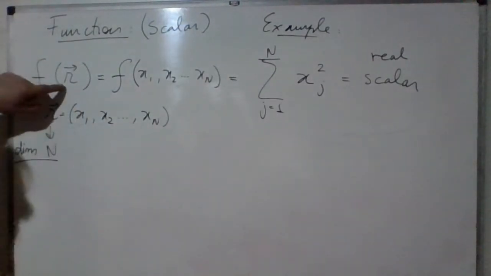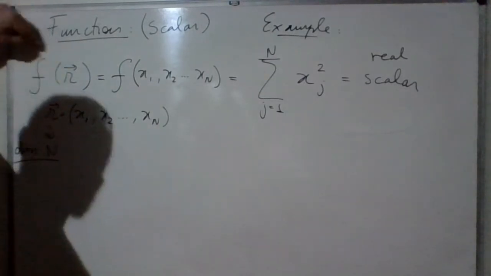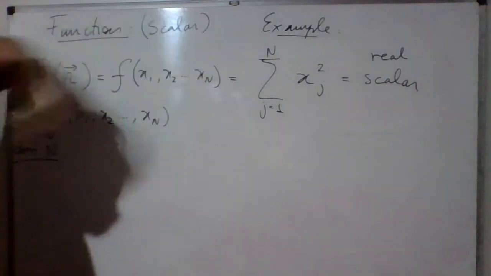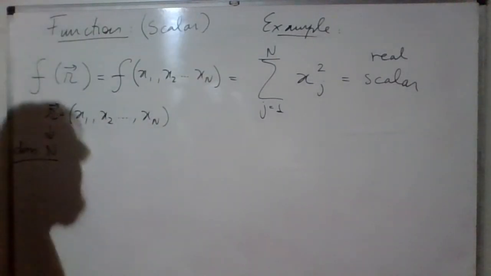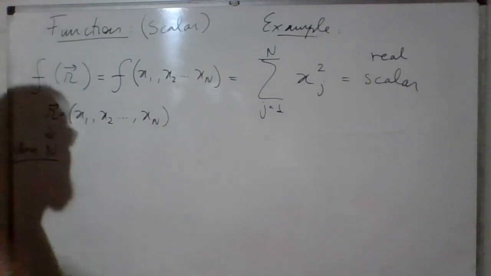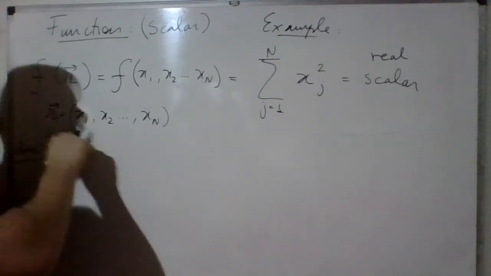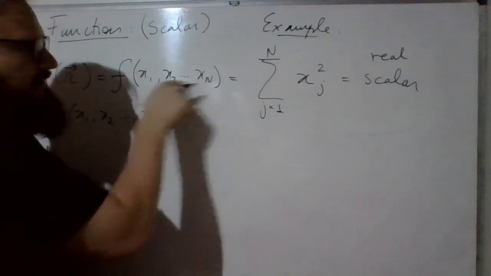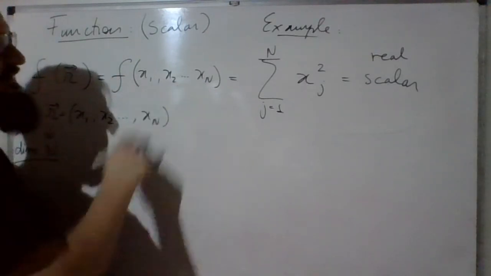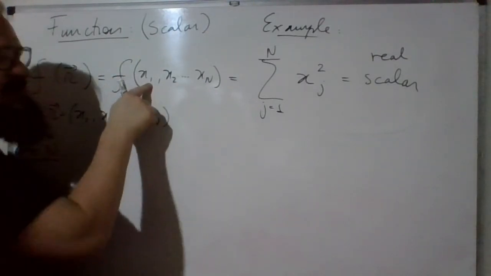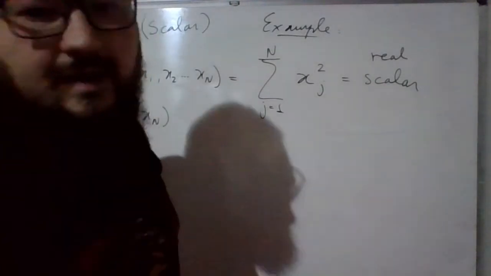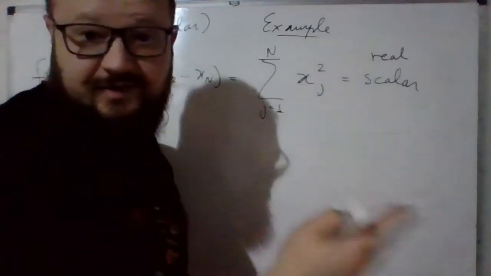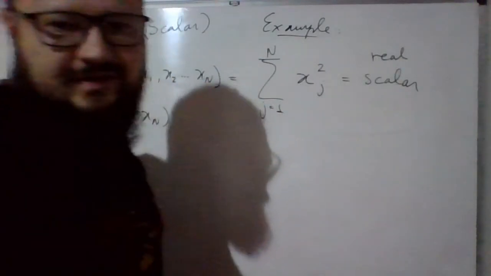So you have as an argument of this function a set of numbers, a vector valued argument, okay? And the slots in this function, these components of the vector, are indexed by discrete integers, which is a discrete index, okay?